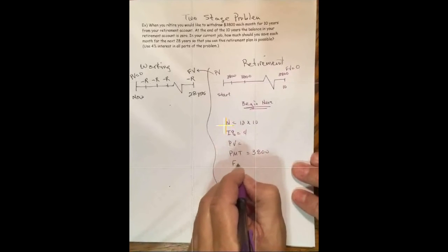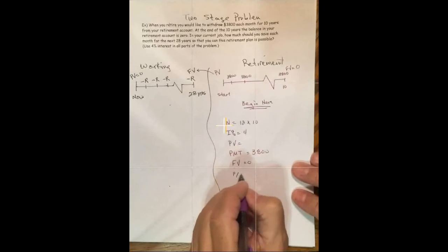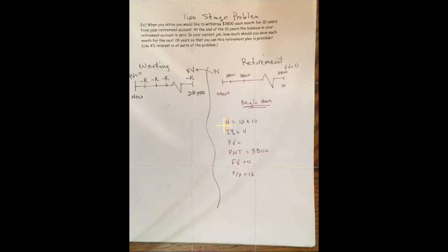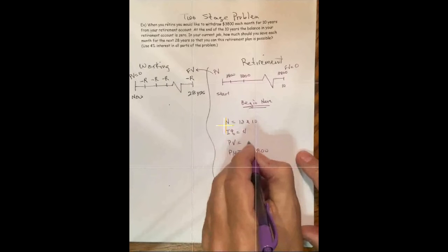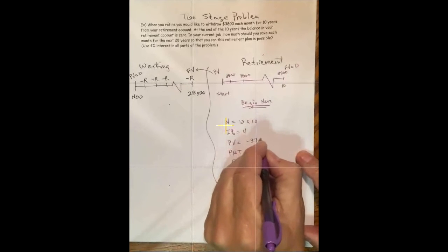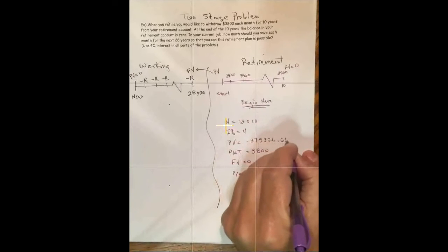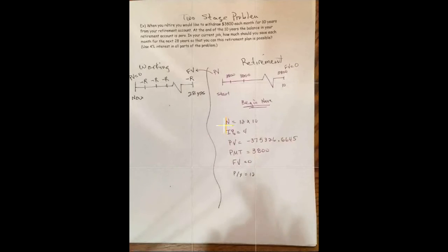And when you make that last withdrawal, your future value is 0. Okay. So we move the cursor to here and solve, and we get a minus 375,326.6645. All right.